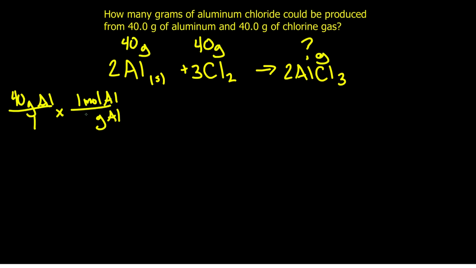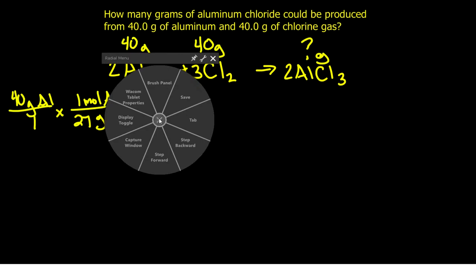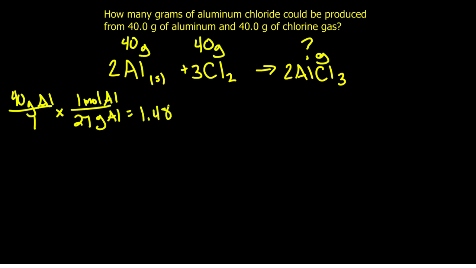Well, aluminum has a molar mass of 27 grams. So I do 40 divided by 27. I get 1.48. Got 1.48 moles of aluminum because grams canceled out.